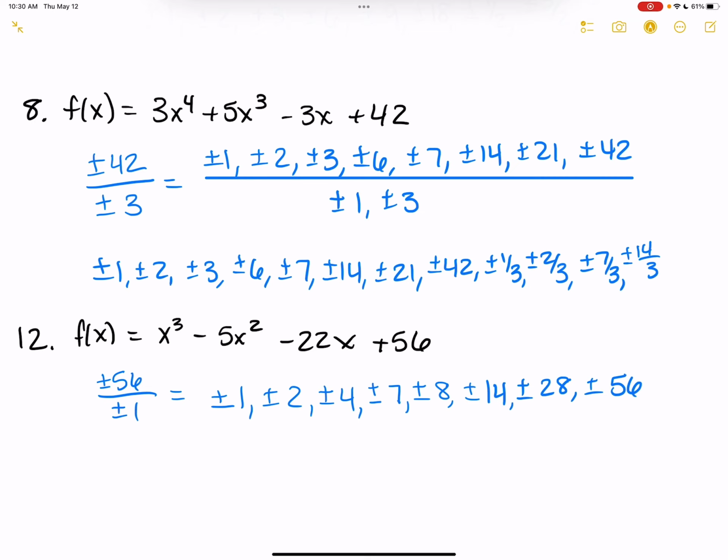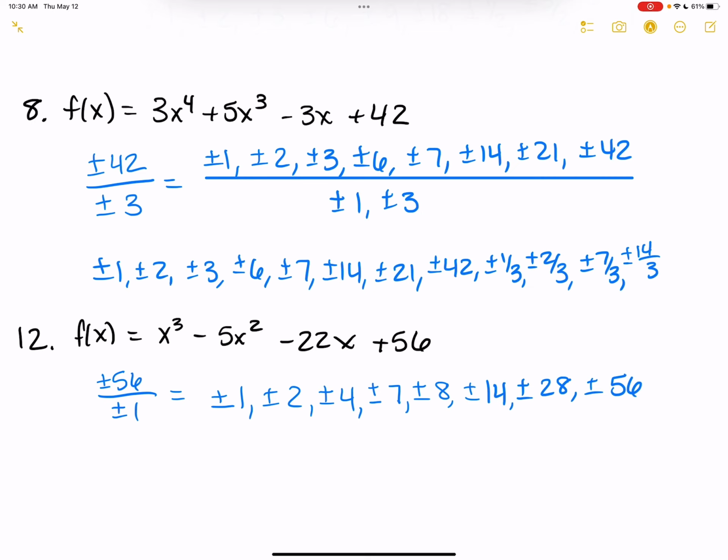You're going to type this function in, the one we just did, x cubed minus 5x squared minus 22x plus 56. Use the X button, then the caret button to put the 3 up there, then arrow over.